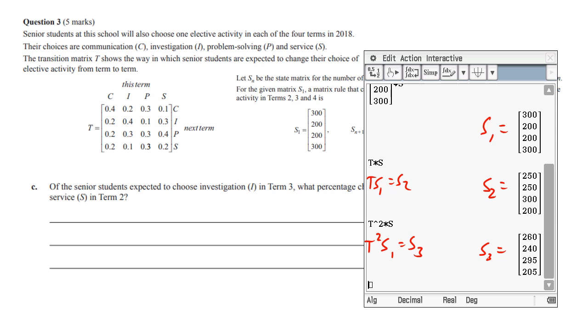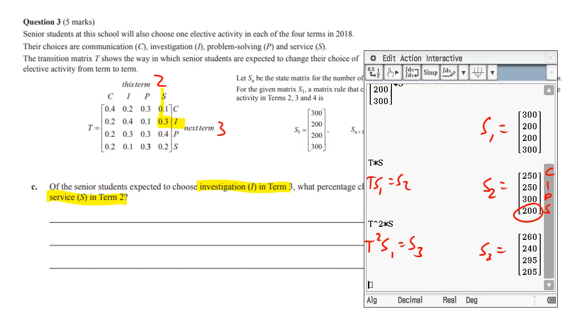Okay, now remembering that we want the kids who were S in term 2, so this is term 2 going to term 3, and that's 0.3 of them that went from S to I. It's a bit weird because I've given you the term 3 before term 2, so we know it's 30% of the guys in term 2 who were S. So it's 200 in term 2, 200 were service.